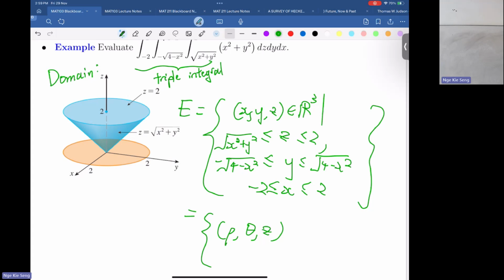This term here is just the radius of your xy point. Correct? r squared equals x squared plus y squared, so r equals the square root of x squared plus y squared. So meaning what? When you move far from the origin, the lower bound gets higher, but the upper bound is the same. So that's why this is a flat surface on the domain here.